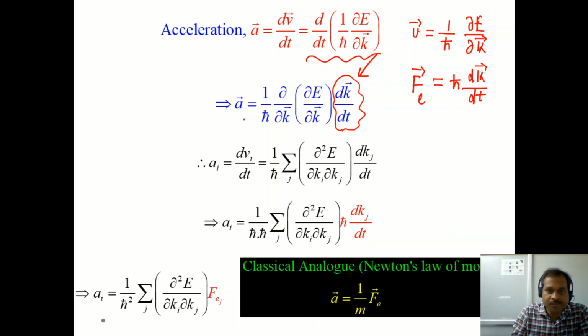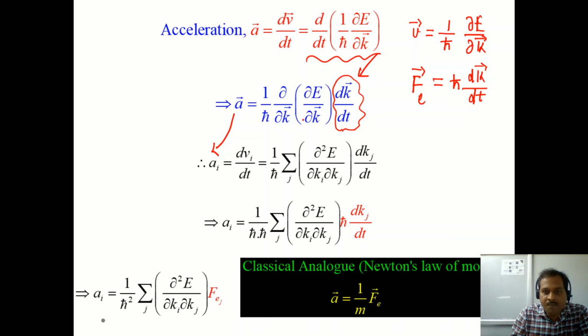Now let us write the ith component of the acceleration, and we know that the ith component of the acceleration will be affected by all the components of the force experienced by the electron. So a_i, which is equal to dv_i by dt, is equal to 1 by h cross.